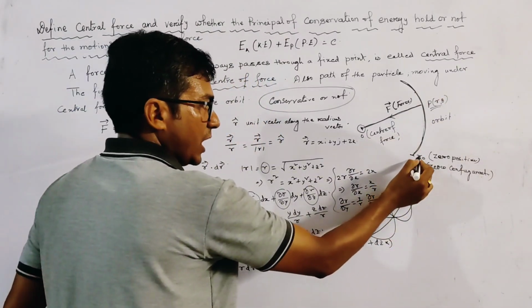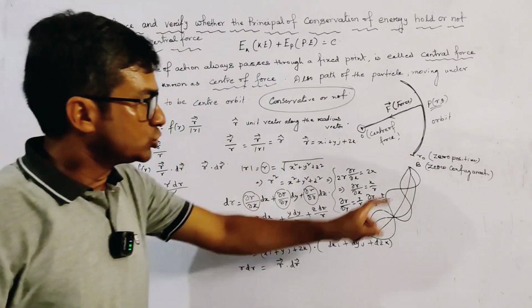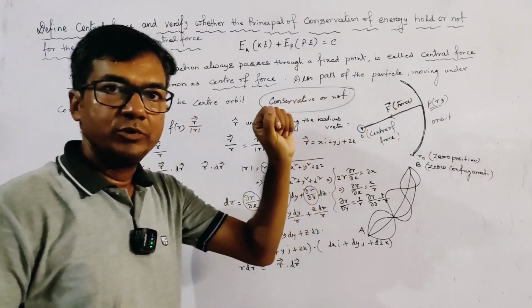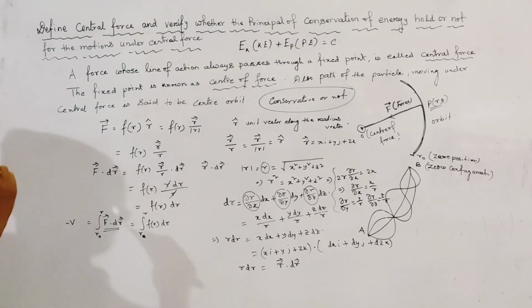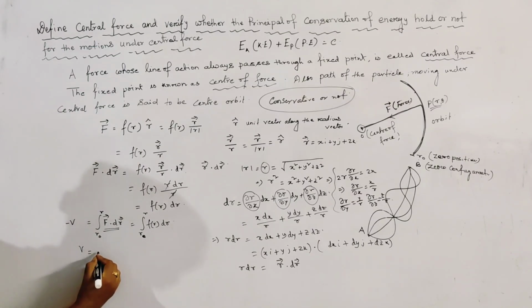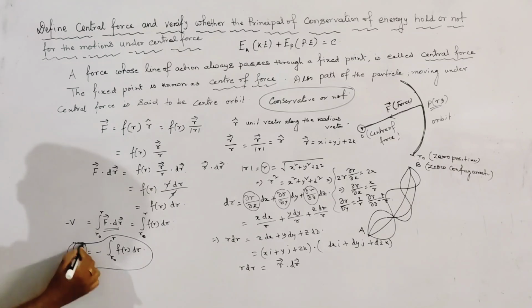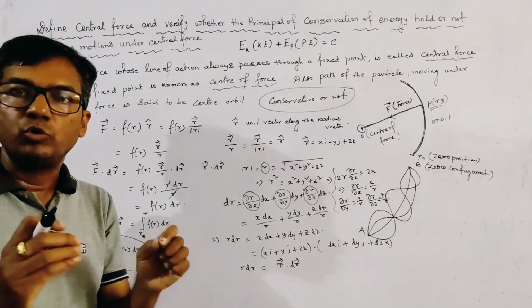So by integrating r0 to r, we get the potential energy stored in the particle at P by the central force F. So we get here minus V, so V is equal to minus integration r0 to r f of r dr. That is, we get the potential energy or scalar potential of this central force field.